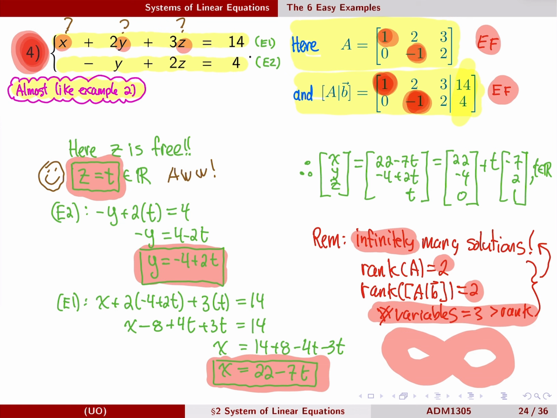As soon as the ranks are equal, there are some solutions, but if the number of variables is bigger, it's infinitely many solutions. But if everything is equal, so if we say, hey, we have a big system, both ranks are 17 and we have 17 variables, unique solution. So you can use the rank to argue how many solutions you have.